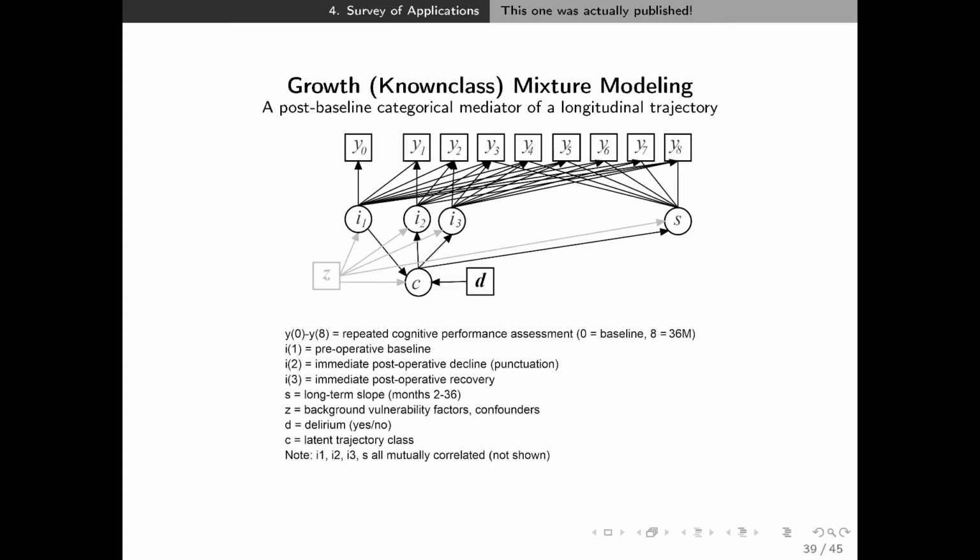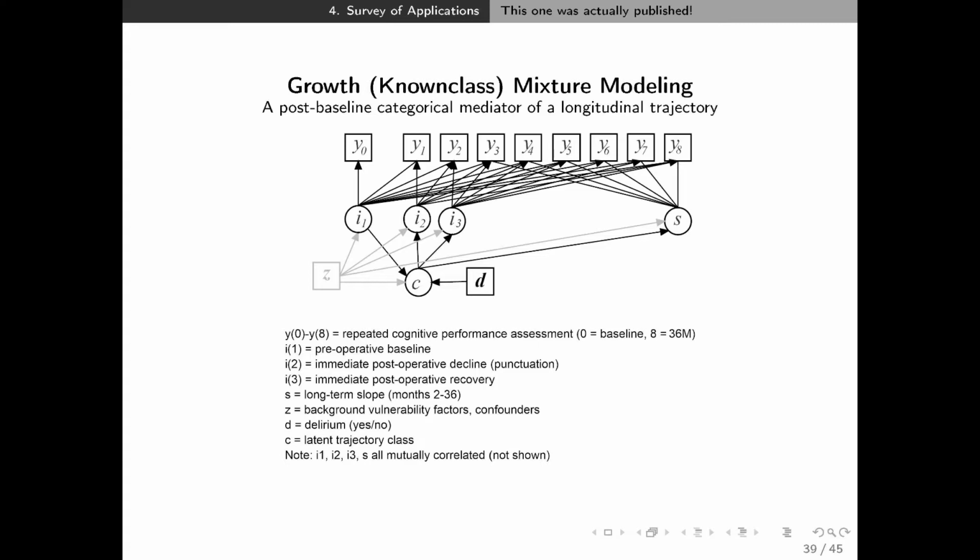The delirium outcome is not really a covariate because it's dependent upon baseline cognitive function. Your risk of postoperative delirium is actually strongly influenced by your preoperative cognitive performance level. So the way we included this post-baseline categorical outcome variable was to use the mixture modeling procedures in Mplus.